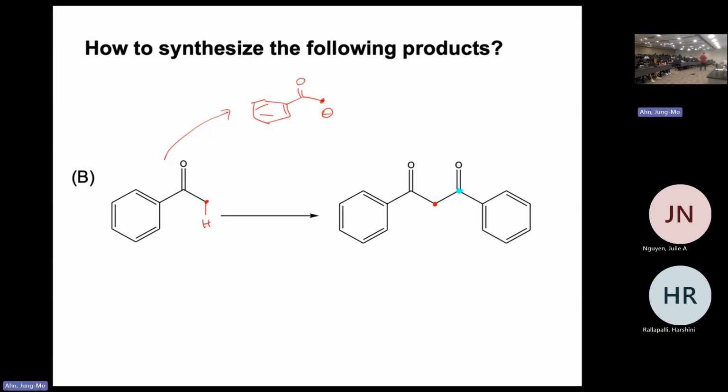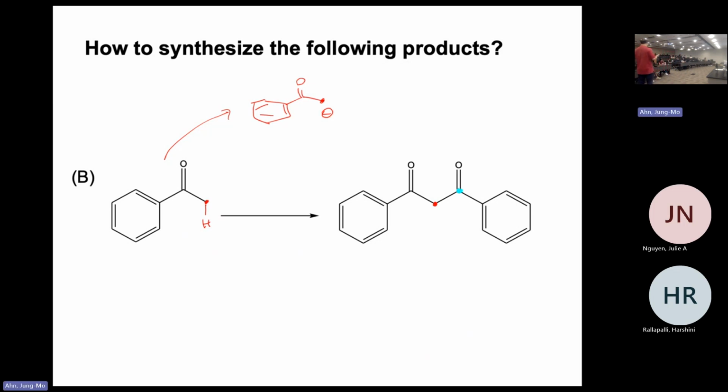Let's say you're using whatever base, because there's only one alpha hydrogen that can be pulled off. Strong base, weak base doesn't really matter. There's no reason for going for the kinetic or thermodynamic in this case, because there's only one side you can make an enolate. Kinetic versus thermodynamic enolate matters when there are two different hydrogens available.